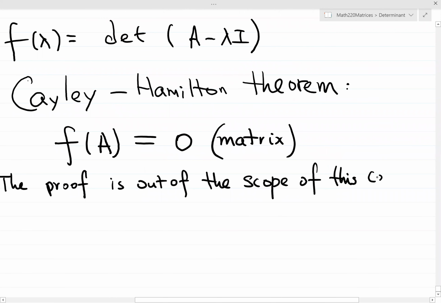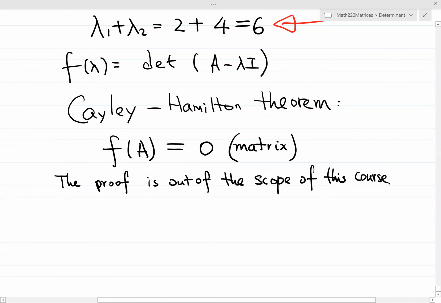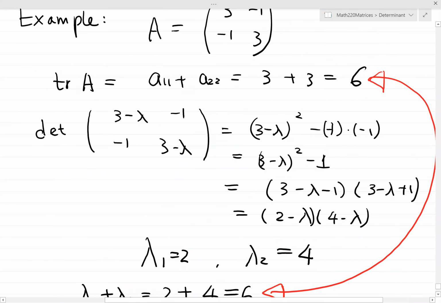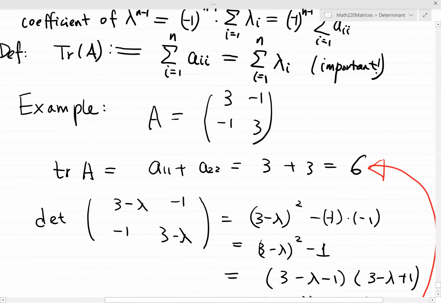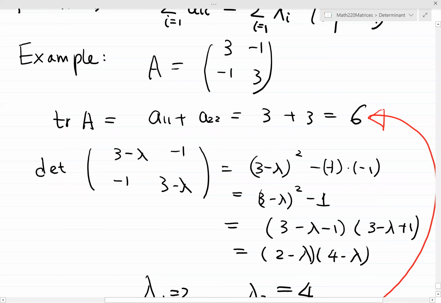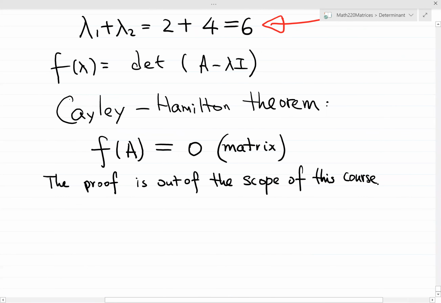If you go to a graduate level course, abstract algebra or commutative algebra, then you will see a proof there. We will not prove it, but you can check it yourself with the examples that we had. Okay, so properties of trace.